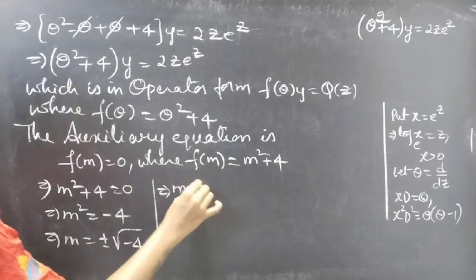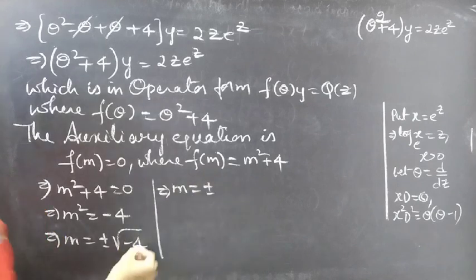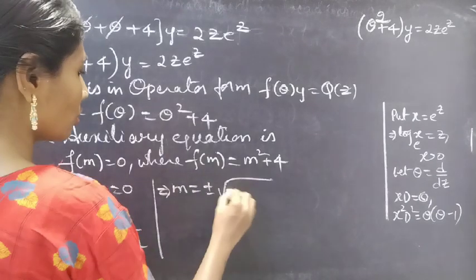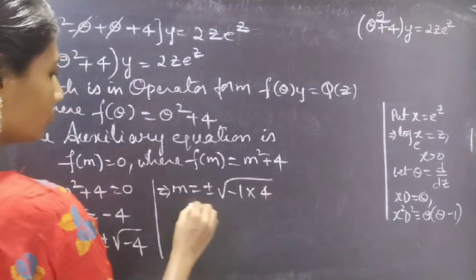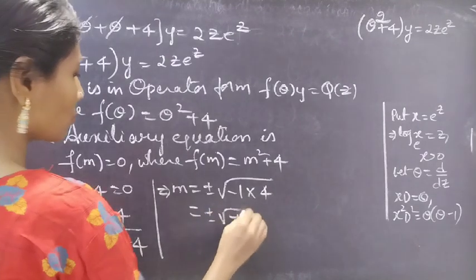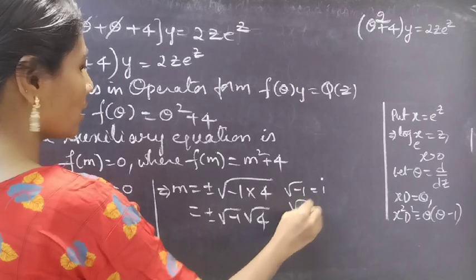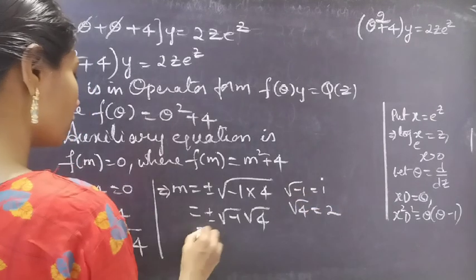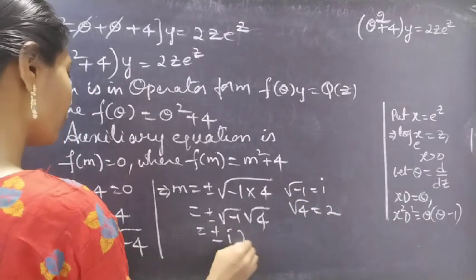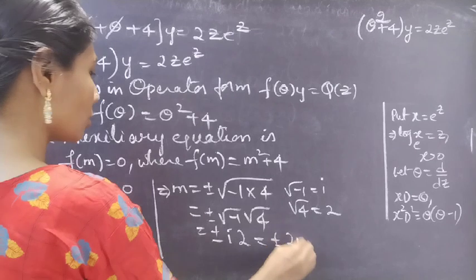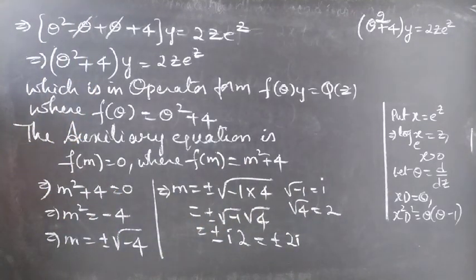Then m equals plus or minus, we can write square root of −4 as square root of −1 into 4. This equals plus or minus square root of −1 into square root of 4. We know that square root of −1 is i and square root of 4 is 2. We'll get plus or minus 2i. Right? Complex conjugate roots.